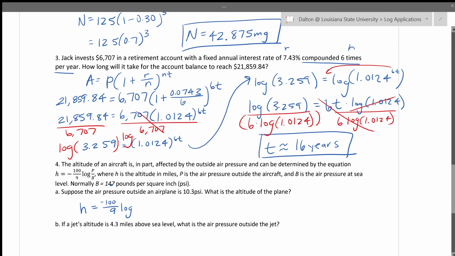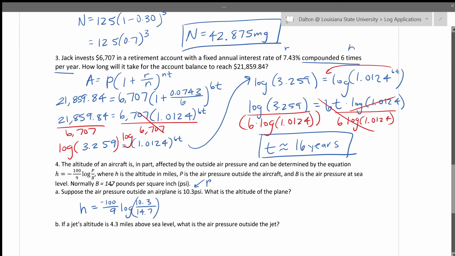Well, that's what they give us. Suppose the air pressure outside an airplane is 10.3 PSI. So we're going to plug this in for P. 10.3 divided by B. Now, it says normally B is 14.7. So we're going to go ahead and use that given information.